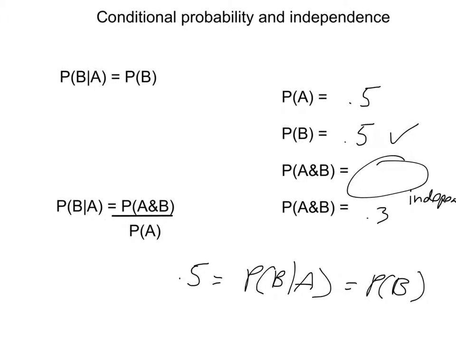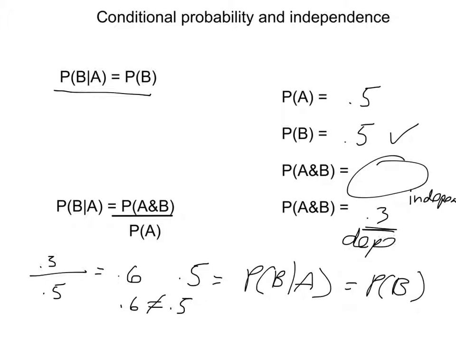So probability of A and B is 0.3 divided by the probability of A is 0.5. And this equals 0.6. And so if they're independent, then the probability of B given A is going to be the same thing as probability of B. And we find that 0.6 does not equal 0.5. So when the probability is 0.3, they're dependent.